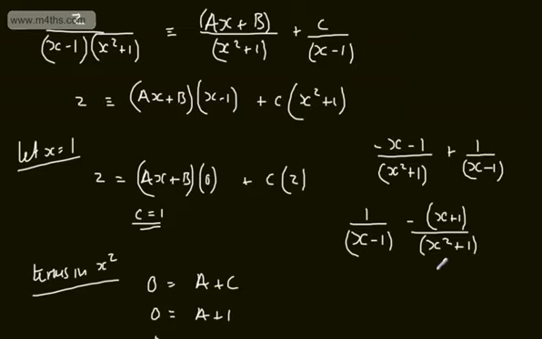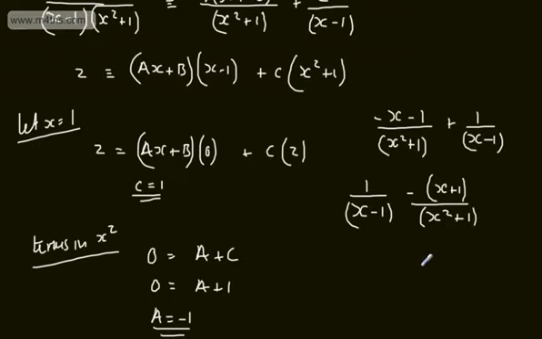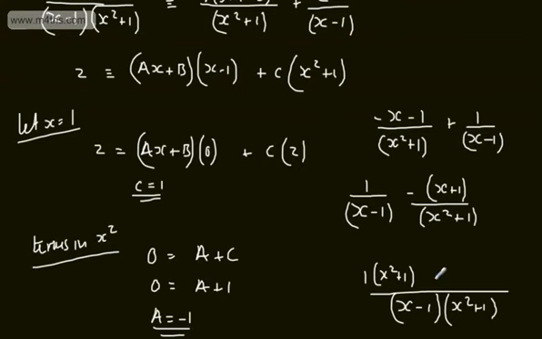Now again, if you say to yourself, I'm not really convinced that works, just go ahead with a common denominator, (x − 1)(x² + 1). In the numerator, we're going to have one lot of (x² + 1) minus the product of these two, which is (x + 1)(x − 1), which is x² − 1.